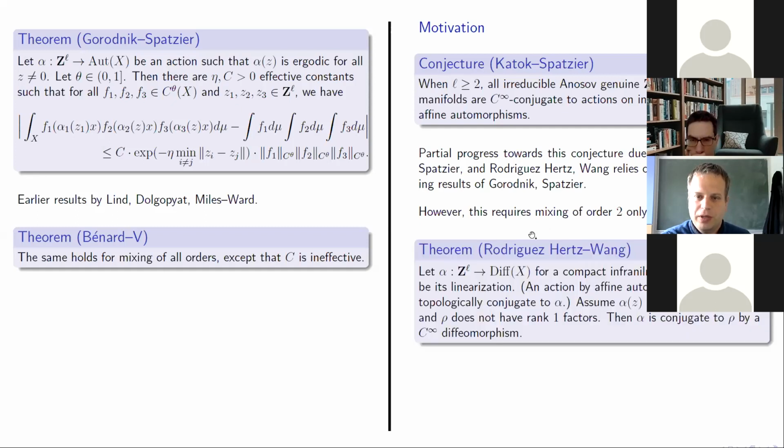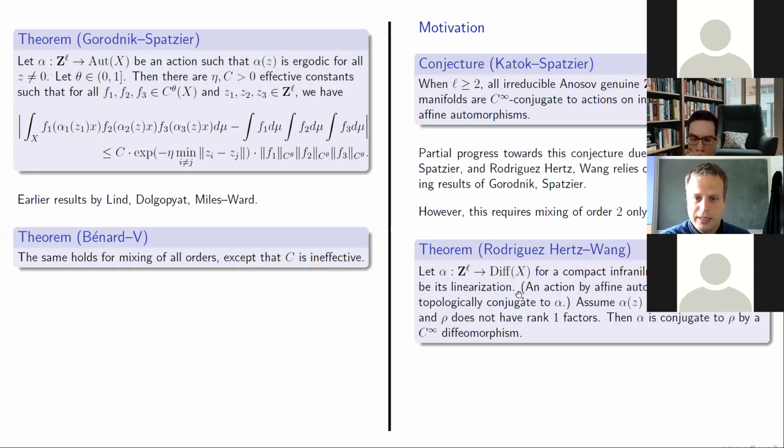Okay, so here I state what Rodriguez Hertz and Wang proved towards this conjecture. They say that, okay, so let alpha be an action by diffeomorphisms on a compact infranil manifold X, and let rho be its linearization.